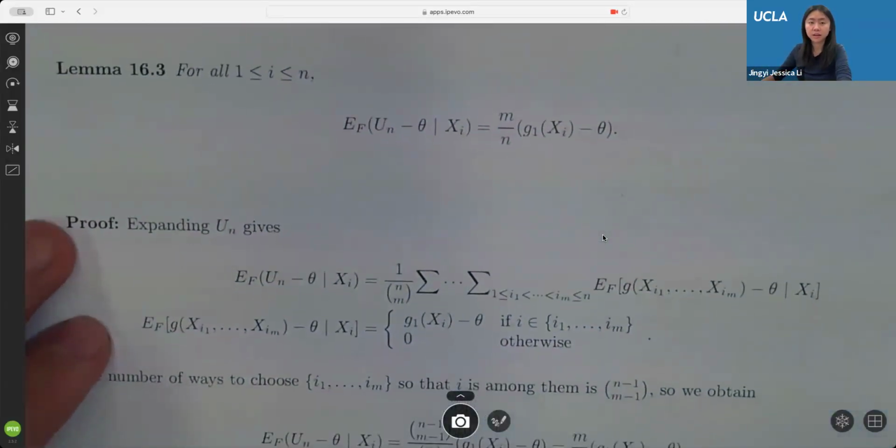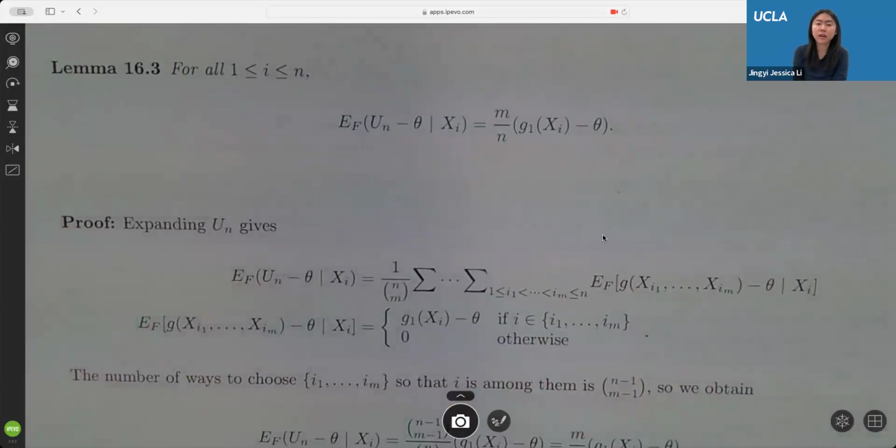So first we say that for all i from 1 to n, the expectation under F of Un minus theta given Xi can be shown as G1 of Xi minus theta, times m over n. Again, m is the number of entries in the G function, and n is the sample size. Theta is the parameter of interest. G1 is the projection obtained by fixing the first entry.